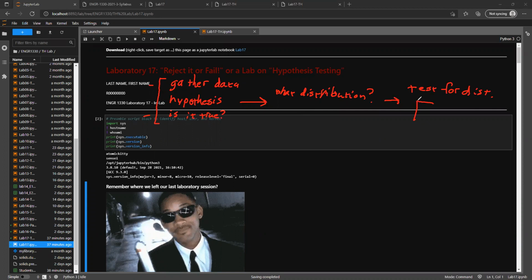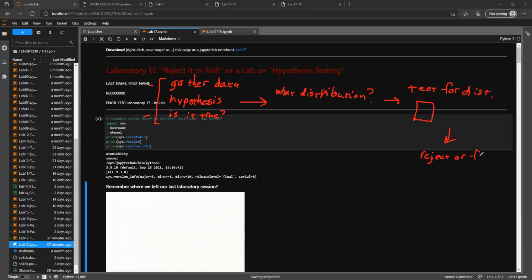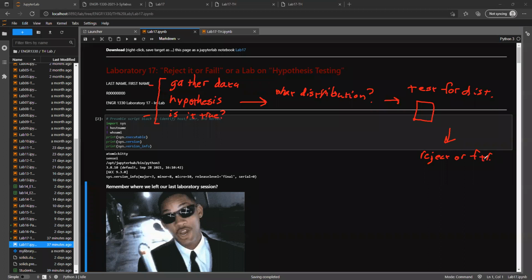And this is our black box. We know they exist. There's a bunch of theorems out there that prove they work. They have some assumptions about our data and the distributions. And as long as those assumptions are met, we know it's going to work. And once we're done with that, we get to reject or fail to reject our hypothesis based on the test we do.